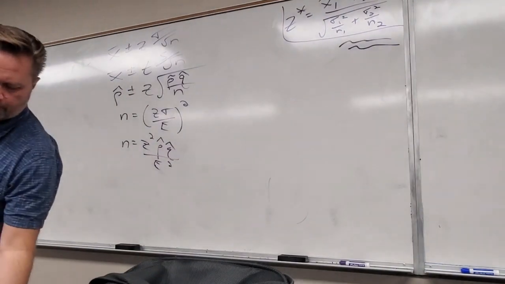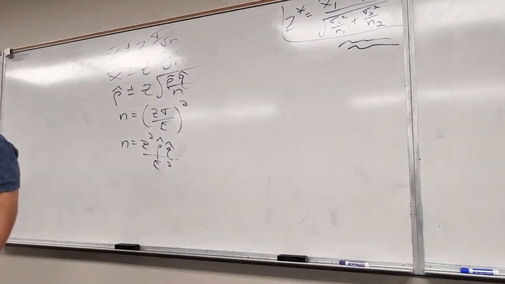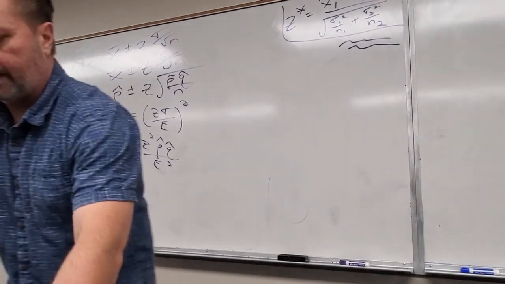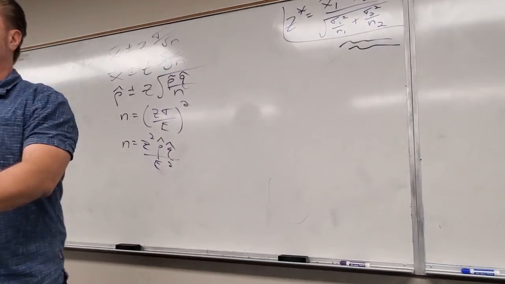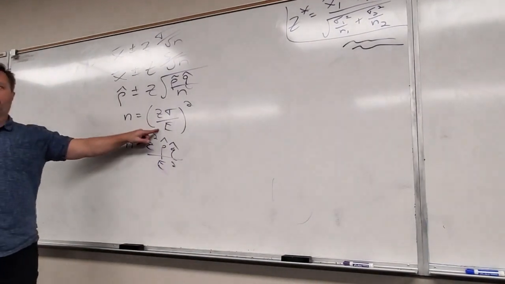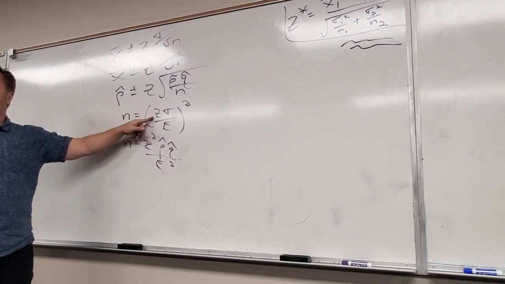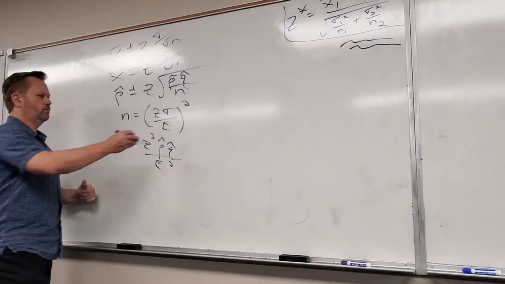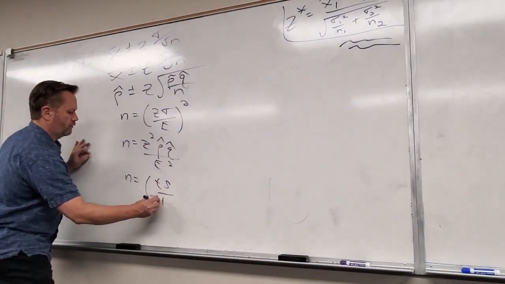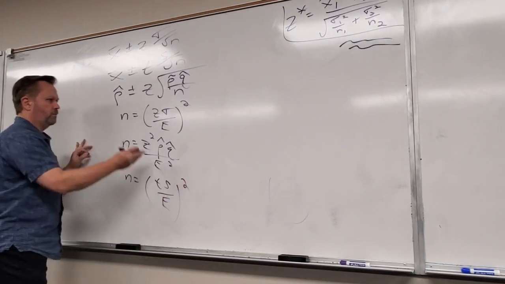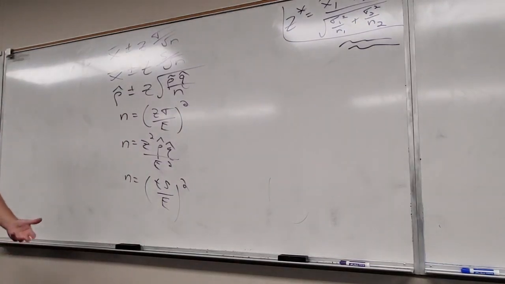What if I ask you a question about how many, but you only know S? You would use this formula, you would use an S here, and you'd have to use a T there. So if you want to, you can write down n equals t S over E, squared, but I really want you to understand it's the same formula. They're the exact same formula.